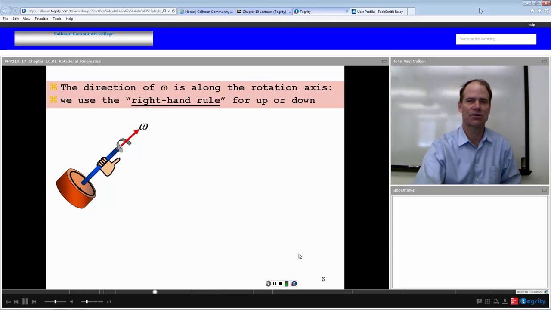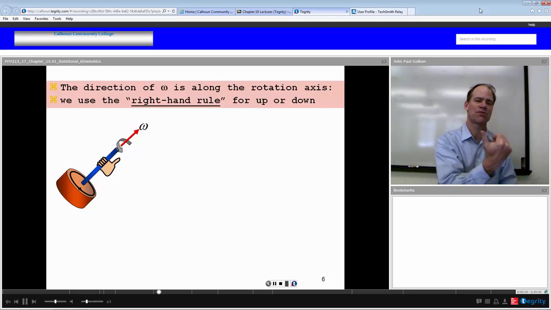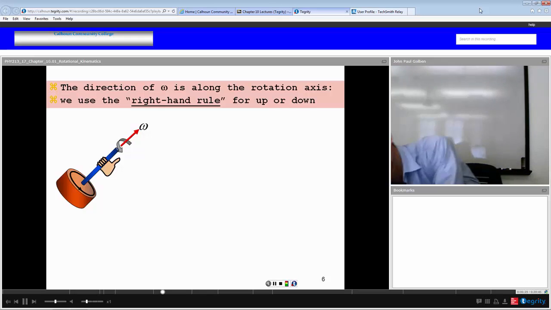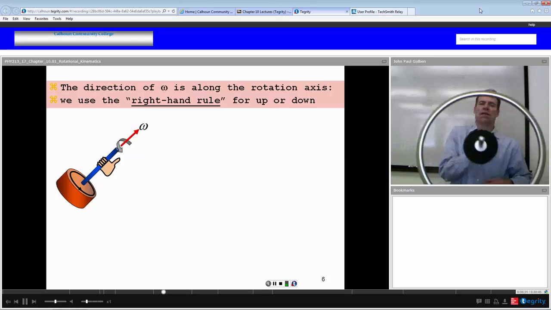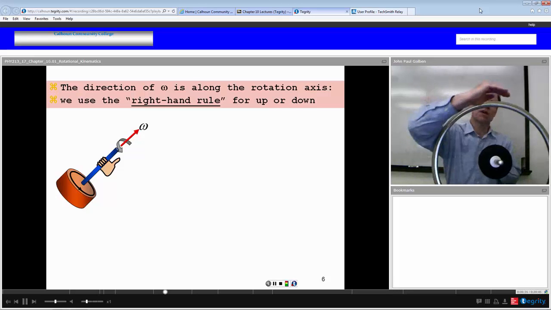There's actually a direction for this angular speed, giving us what we call an angular velocity. The direction is given by one form of the right-hand rule. If you curl your fingers in the direction of the rotation, your thumb points in the direction of the angular velocity. So in the case of this rotation, if it were doing this, I would curl my fingers in the direction of the rotation.